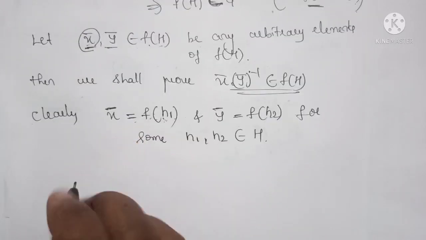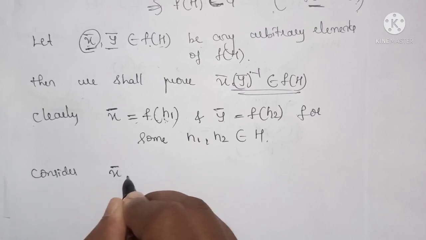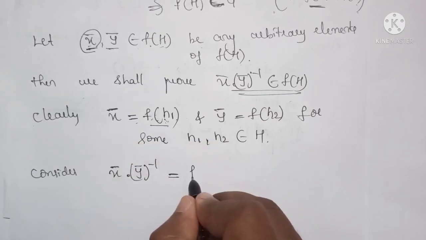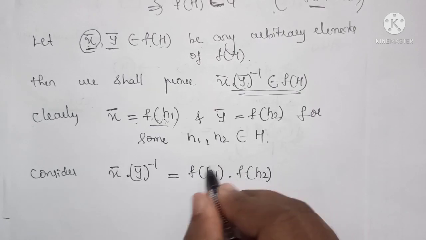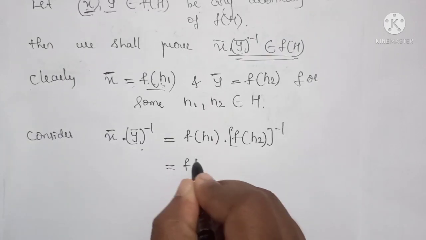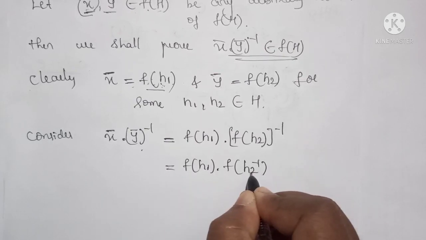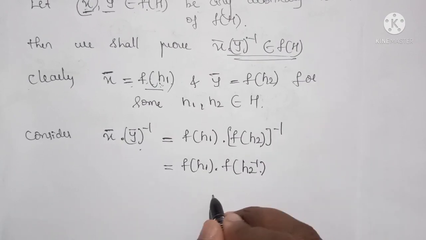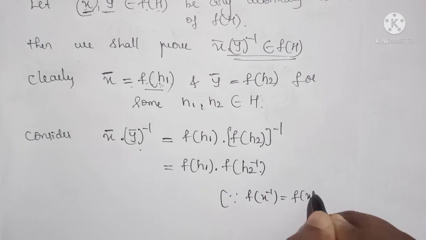Then we consider x bar into y bar inverse equals, substituting these values, f of h1 into f of h2 inverse, or it can be written as f of h1 into f of h2 whole inverse, because we have already proved that f of x inverse equals f of x whole inverse.